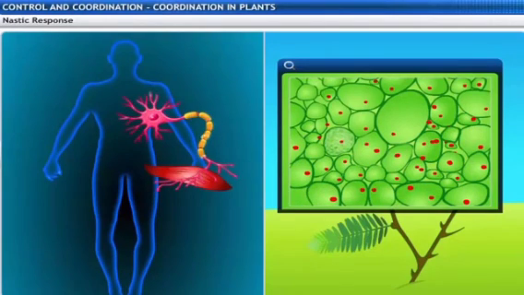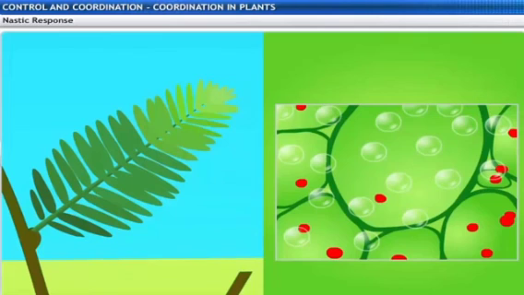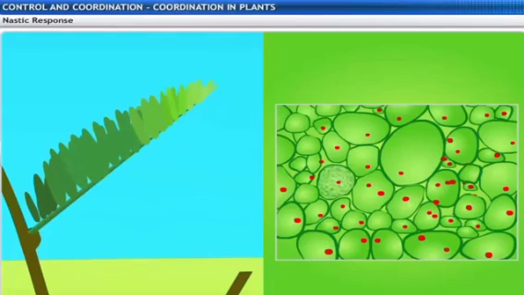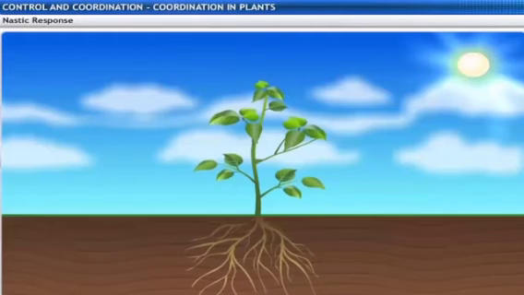Instead of the specialized proteins found in animal muscle cells, plant cells change shape by changing the amount of water in them, resulting in swelling or shrinking, and therefore in changing shapes. This type of response is called nastic response.